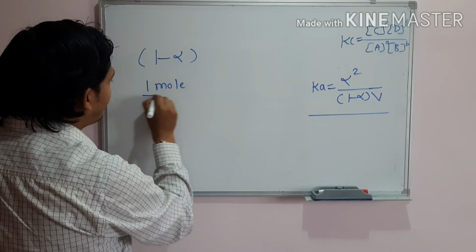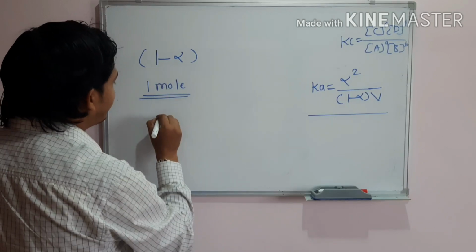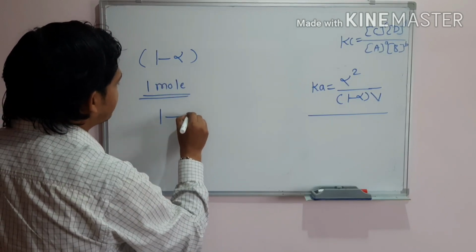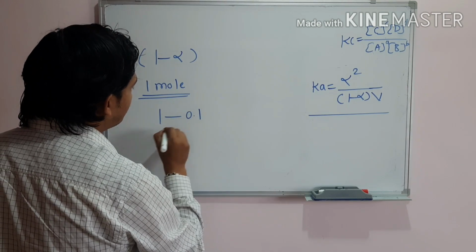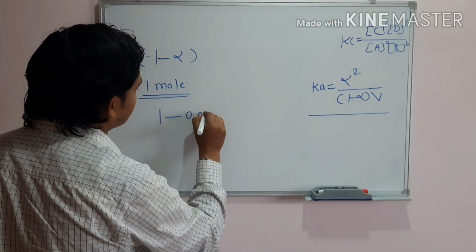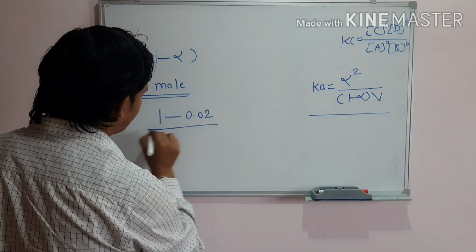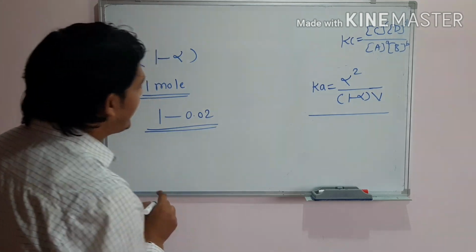Out of 1 mole, alpha is what is dissociated, let us say 0.1 mole dissociated, or 0.02 or 0.01 mole dissociated. Why?